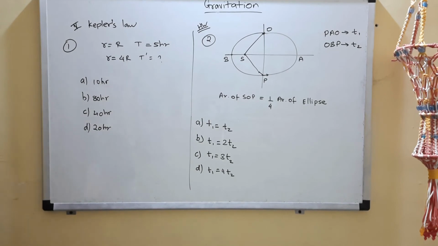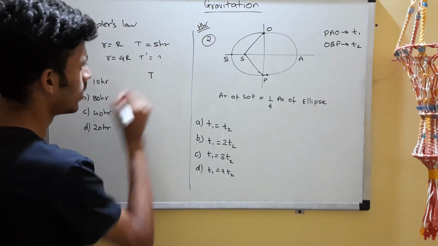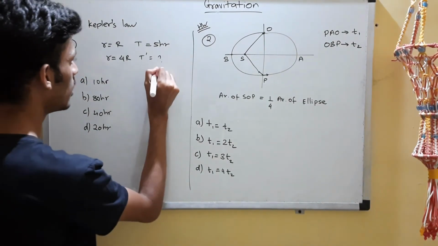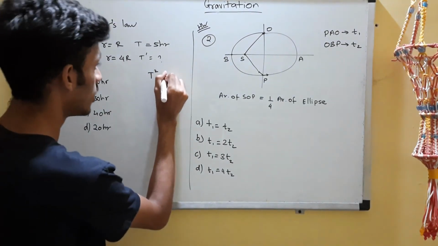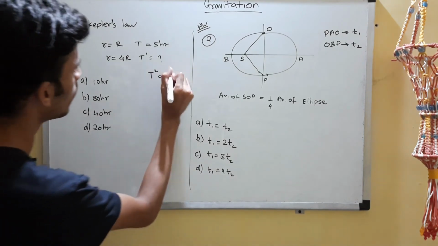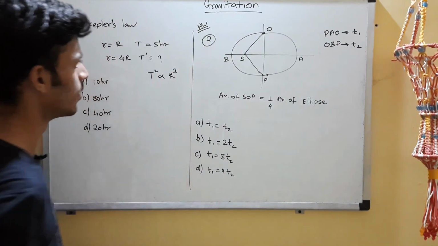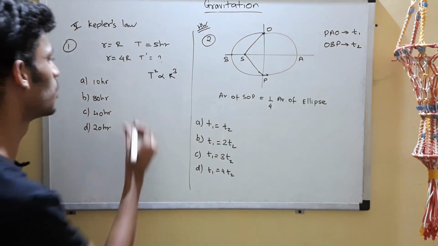Now it's quite simple. You know Kepler's third law directly: the square of the time period is directly proportional to the radius cube. So you are just supposed to use this.